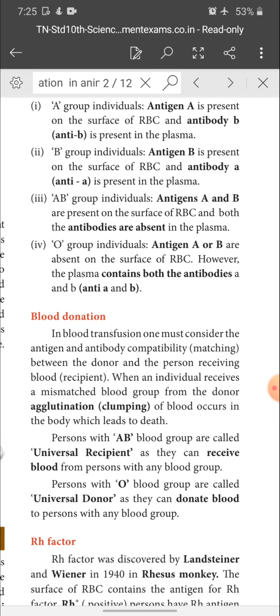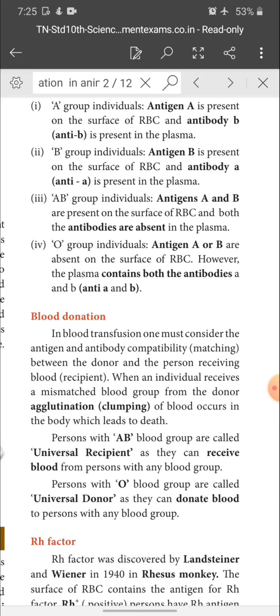AB blood group can receive blood from A, B, O, and AB blood group also. But he can give only to AB blood group. He can donate blood to only AB persons, he cannot give to all those persons. So since he receives blood from all types of blood groups, they are called universal recipient, but he can donate blood only to the AB blood group.